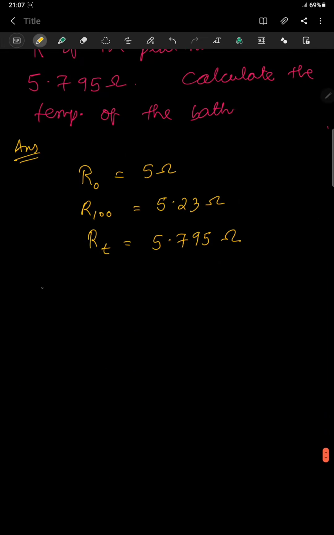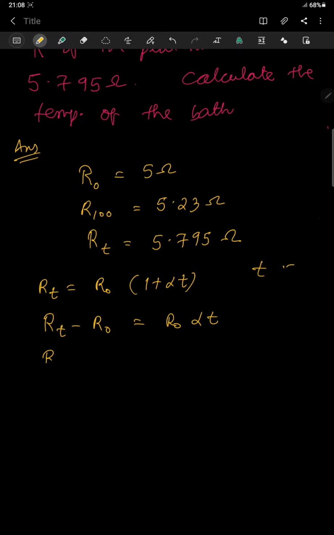Now we will use the relation RT is equal to R naught into 1 plus alpha T. So now we can say RT minus R naught is equal to R naught alpha T. I have just taken the R naught to the other side. This is the relation between your temperature T and your ice point. Then between steam point and ice point, it will be R naught alpha into 100. So these are the two equations.